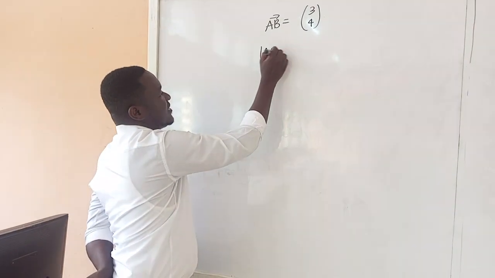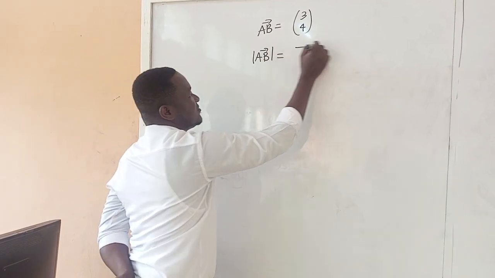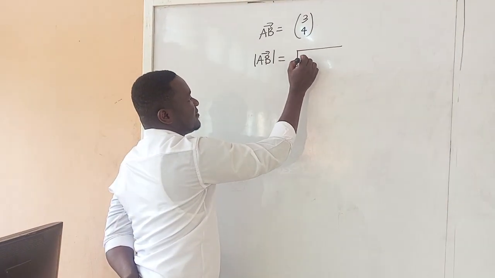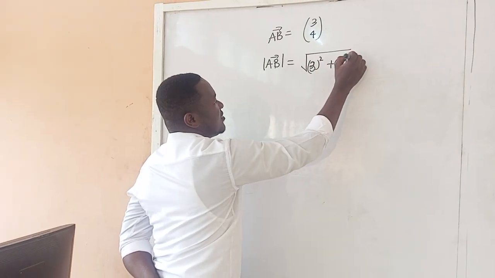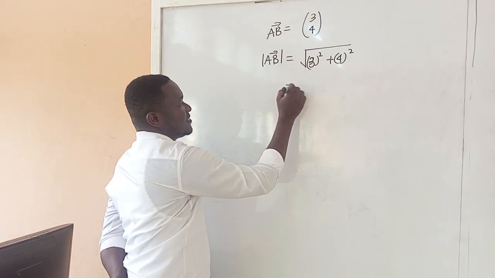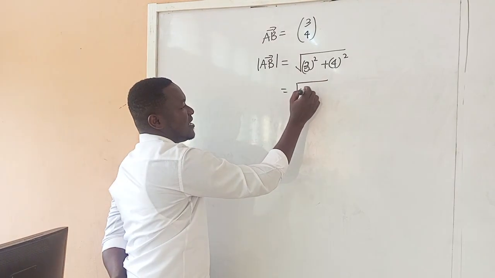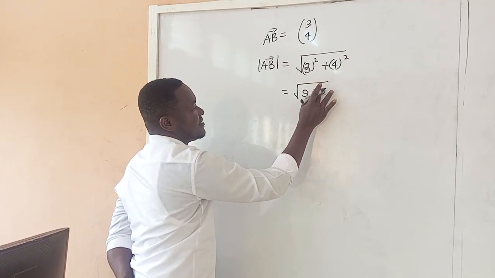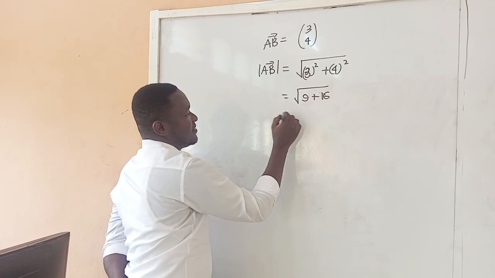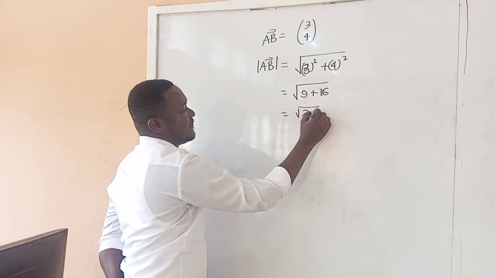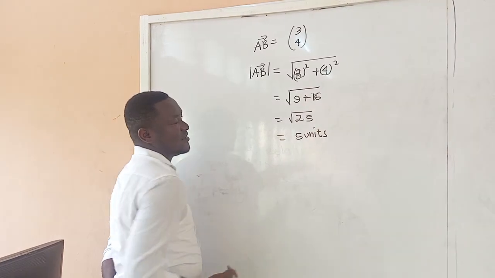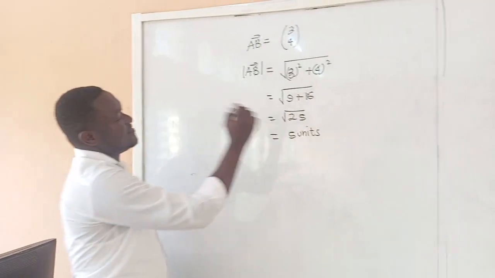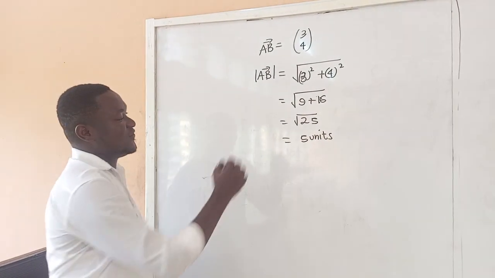So magnitude of vector AB is equal to square root of 3 squared plus 4 squared. This will give us 9 plus 16. Then we'll get square root of 25, which will give us 5 units. So now we are done with calculating the units, the magnitude for the vector.